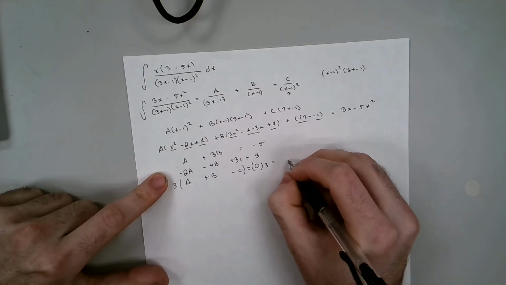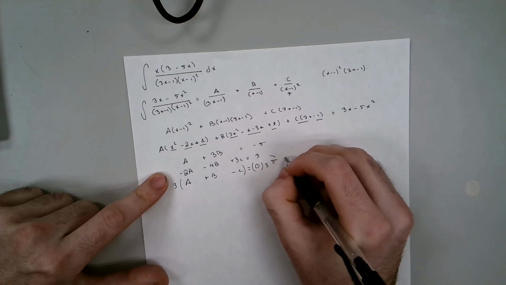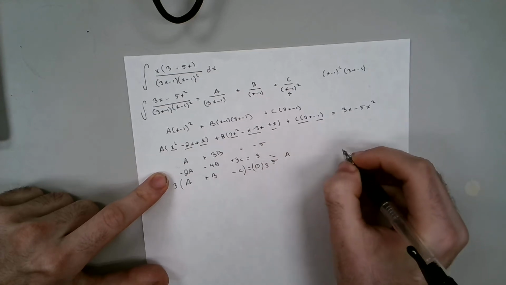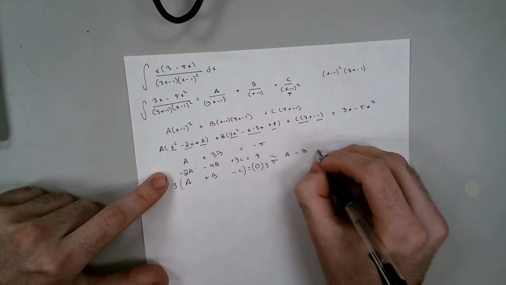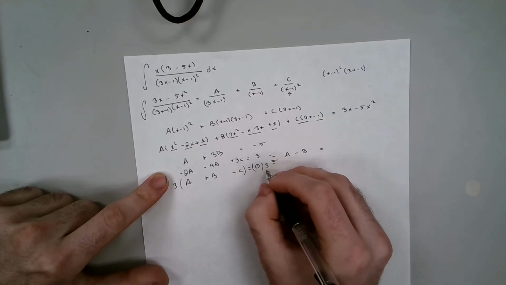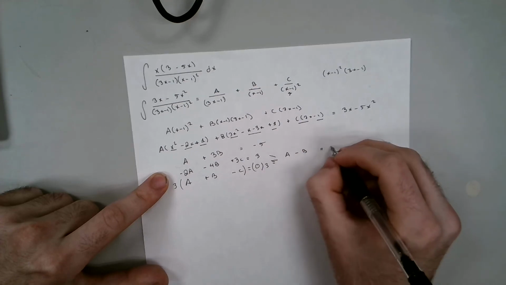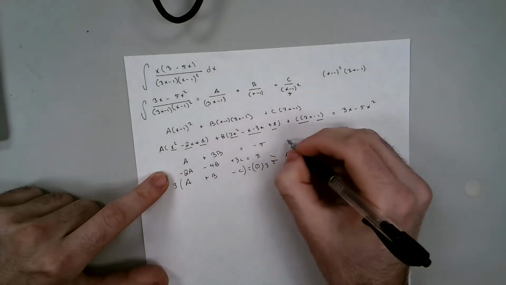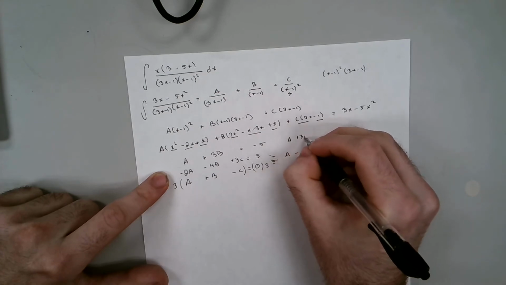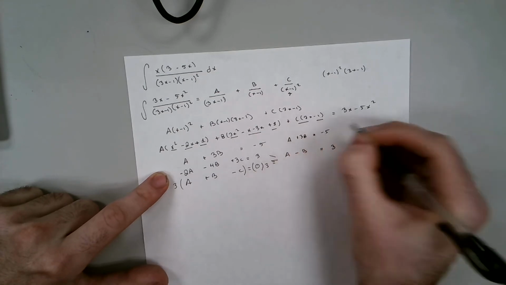Whenever we do that, that's going to be 3A minus... A minus B, and that minus 3 is going to cancel. We're going to add 3 times 0, so we're just going to add 0. So A minus B equals 3. And now we have A plus 3B is equal to negative 5.